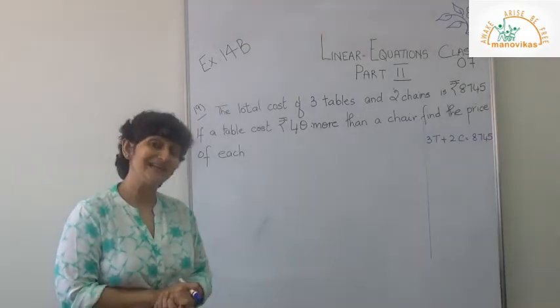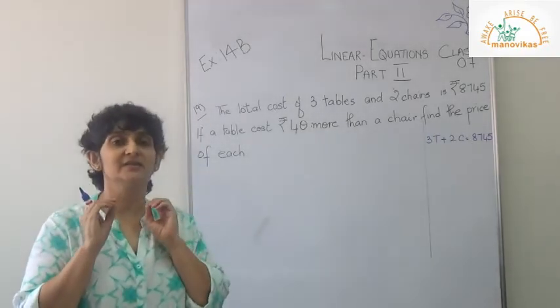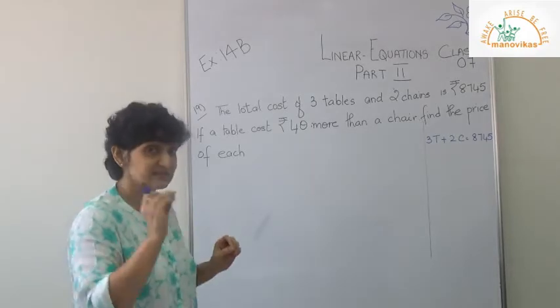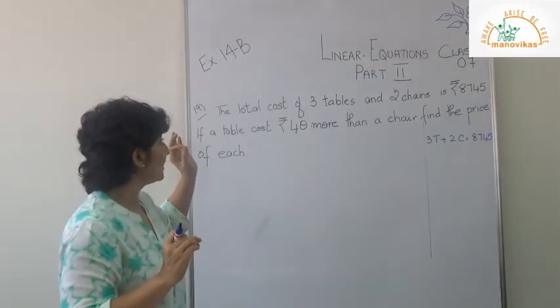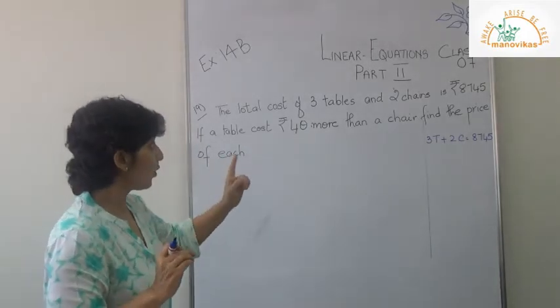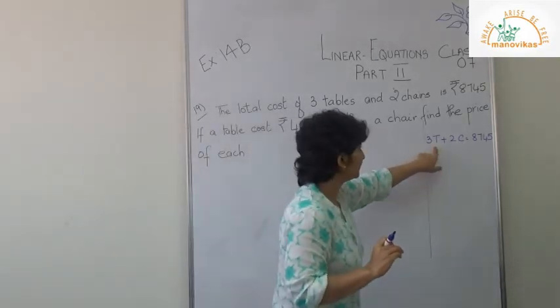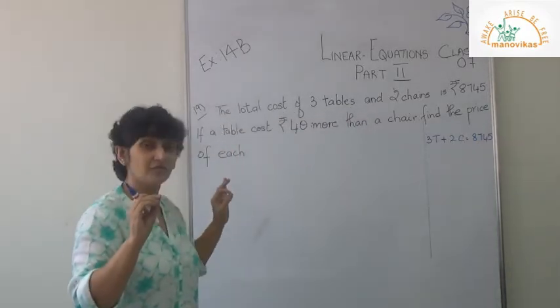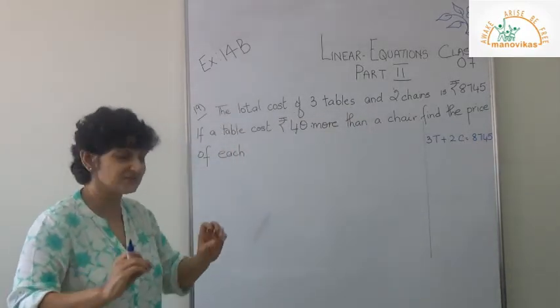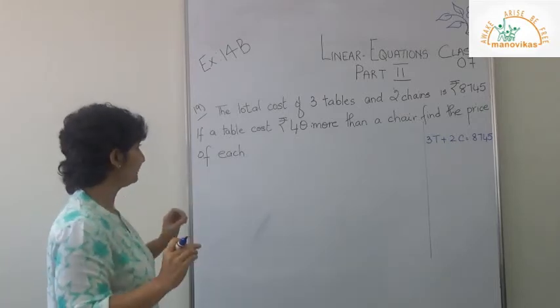Alright, now question 19. Children, please read this question with me slowly. It's very easy, but you just need to be careful. Now, the total cost of 3 tables and 2 chairs is rupees 8745.